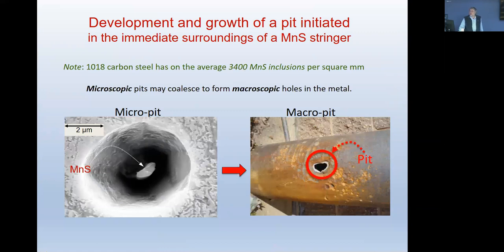There were 3,400 plus or minus maybe 50% manganese sulfide inclusions per square millimeter. So there are areas that are very rich, and then they coalesce as they do the typical separations, like 10, 15 micron, and they give rise to these macroscopic disasters. Thanks to OHJ, we were able to explain it all the way to the molecular level.